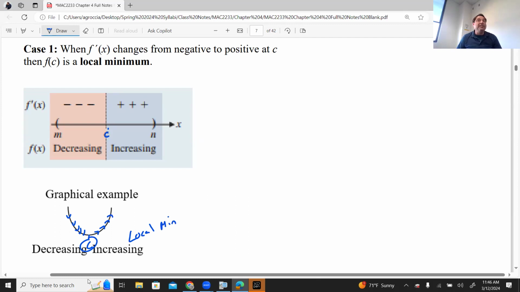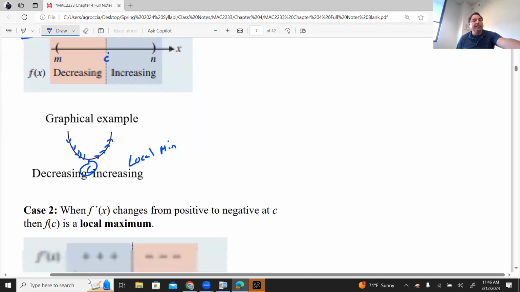Now, notice what's increasing or decreasing? The derivative. If you plug into the derivative and you get a negative, that means the graph is decreasing. If you plug into the derivative and you get a positive result, that means your graph is increasing. So if it's decreasing, then increasing, you have a local min. So this is how derivatives are going to come into play.